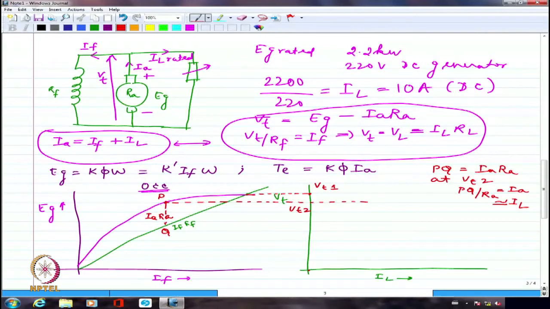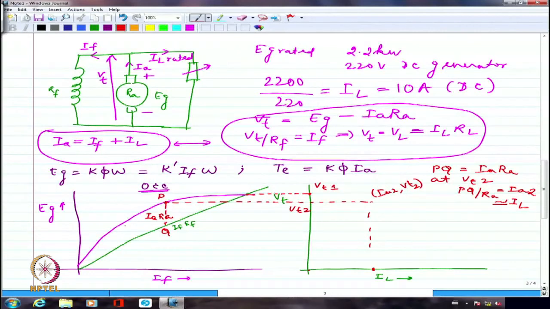So roughly I am ignoring it, because of which I should be able to get, let me call this IA2. So I have to look for where IA2 is, and probably this is one of the points corresponding to IA2, VT2.